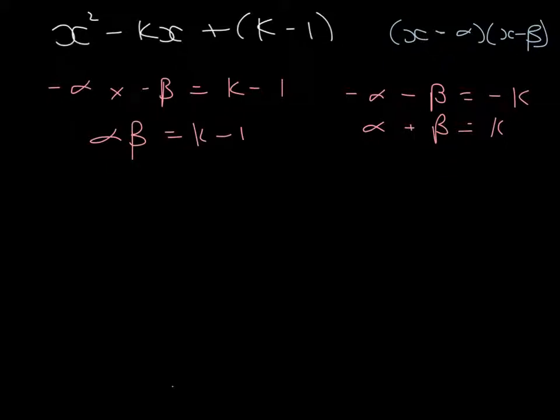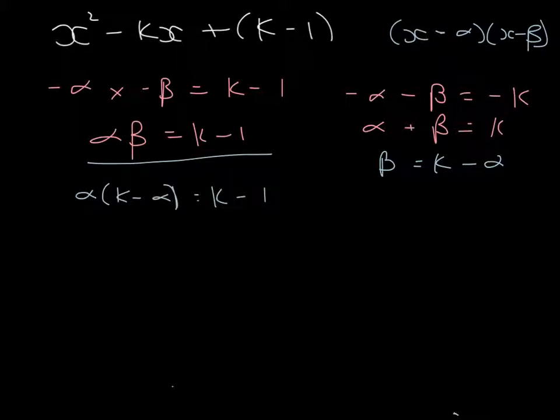Okay, if we do a quick rearranging of this, hopefully you'll agree that beta must be the same as k minus alpha. So all I'm going to do is, into this equation, where there's a beta, put k minus alpha. So it'll be alpha times k minus alpha equals k minus 1.